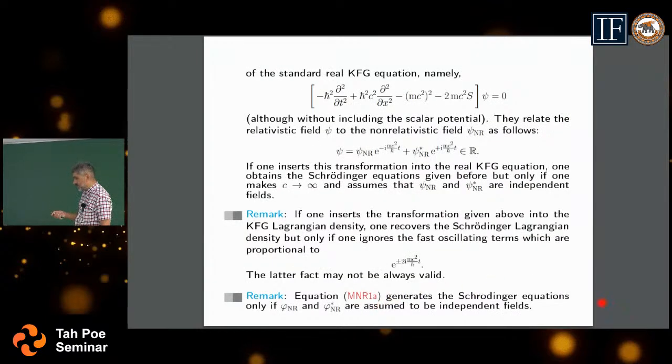My equation generated the equations if you suppose these are independent fields. But this is not trivial. It's not trivial. In the last 5-6 years, many physicists have contributed results, and there is no consensus related to this. There is no unique conclusion related to this.